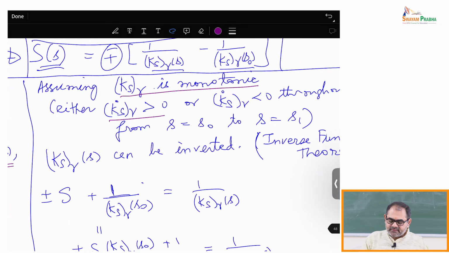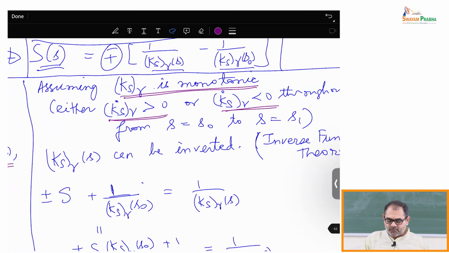And you may wonder whether it is correct to do that, and you can, because of the inverse function theorem. You are assuming that the derivative of the sign curvature is either throughout positive or throughout negative. That means you're assuming that the curvature is monotonic, and so it is C1 invertible.